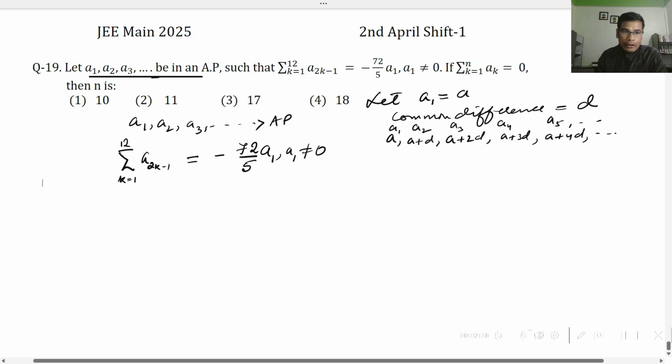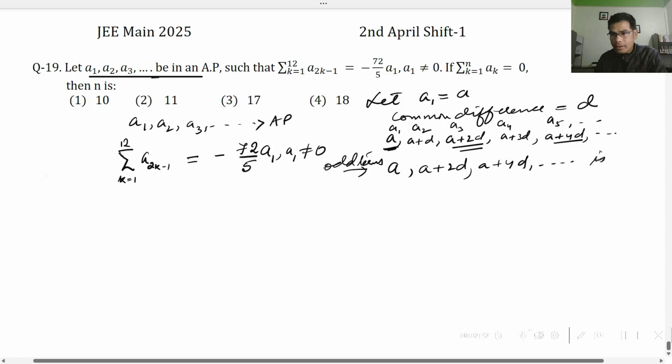So if we take only the odd terms of this AP, the first odd term is the first term itself, A. The second is the third term of this AP, which is A plus 2D. The third is the fifth term, which is A plus 4D.